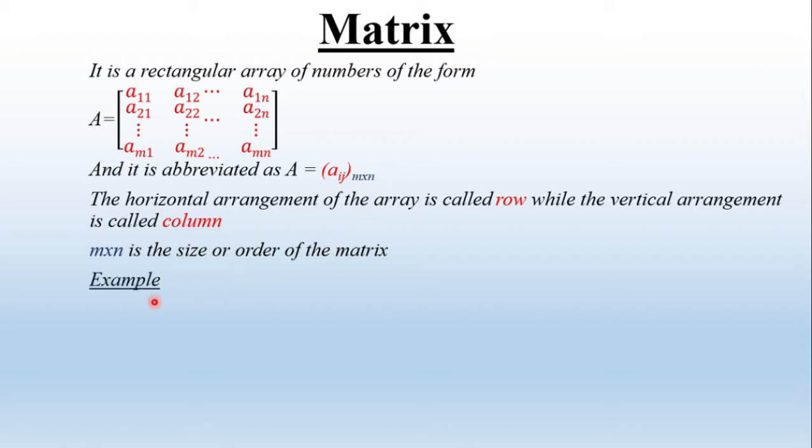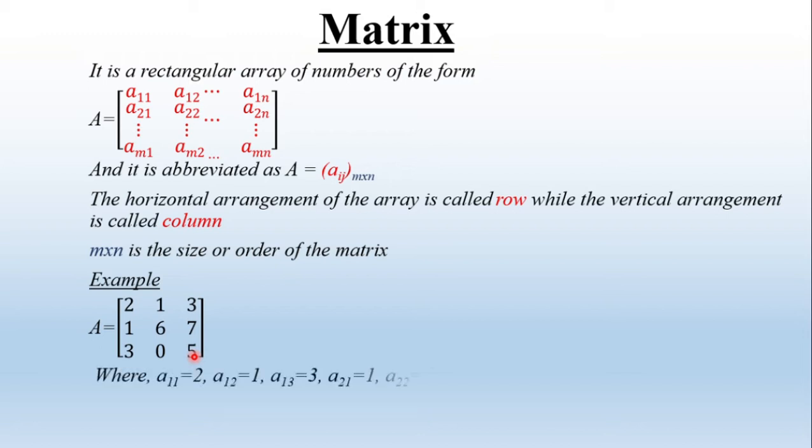For example, let us take an example. Let matrix A is equals to 2, 1, 3, 1, 6, 7, 3, 0, 5. This is an example of a matrix where A11 means here is 2, A12 is 1, A13 is 3, A21 is 1, A22 is 6, A23 is 7, A31 is 3, A32 is 0, A33 is 5.